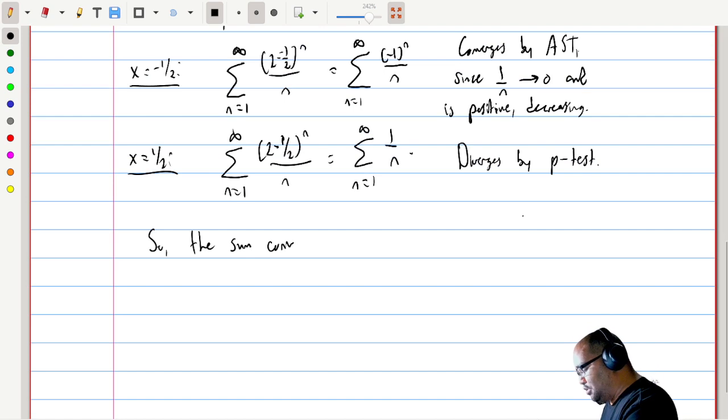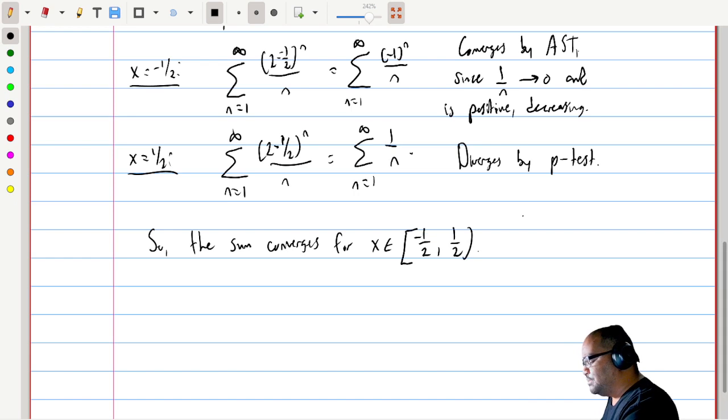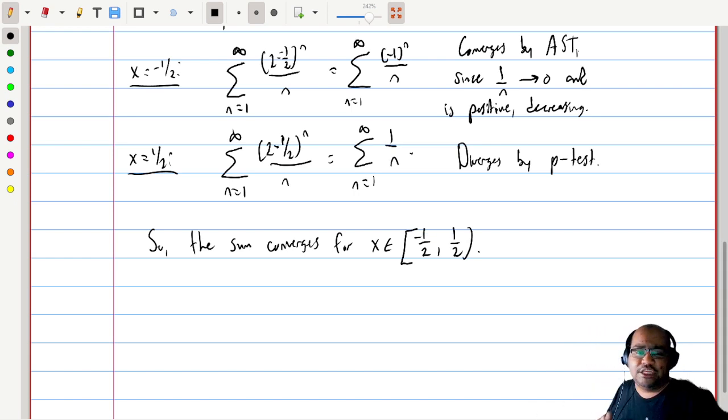So the sum converges for x in this interval. x is not allowed to be positive 1/2, but it's allowed to be negative 1/2. And that's my interval of convergence. Okay, so ratio test, solve an inequality, check the boundary points, and get a result.